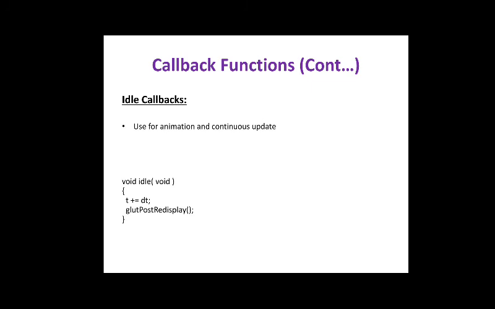You register a routine which updates your motion variable, and then we request that the scene be updated, and for that purpose we have the idle state. For continuing animation, the command will be glutIdleFunc, and I am passing idle as a function.